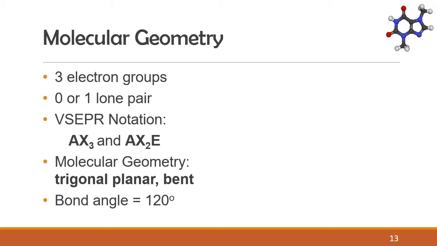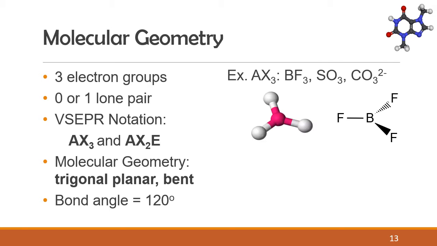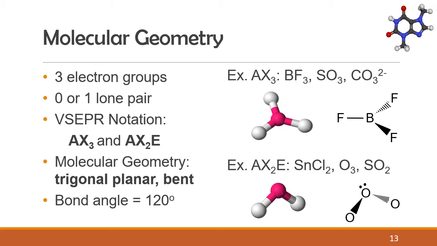For the AX2E notation, the geometry is bent. For both shapes, the predicted bond angle is 120 degrees. Examples of trigonal planar molecules are boron trifluoride, sulfur trioxide, and the carbonate ion. Examples of bent molecules are tin(II) chloride, ozone, and sulfur dioxide.